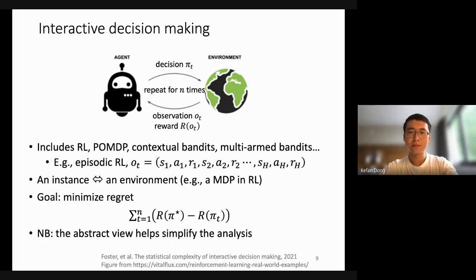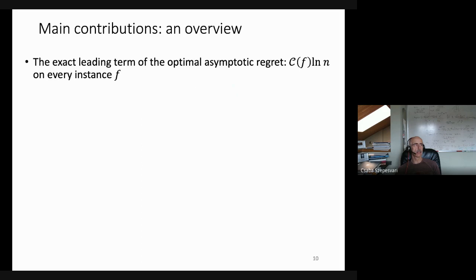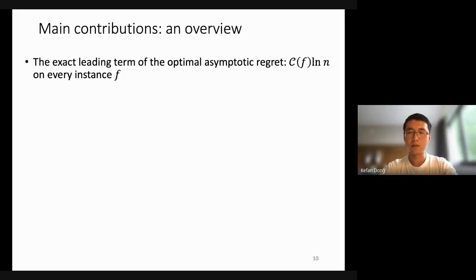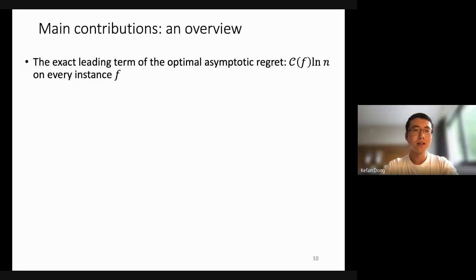And for tabular reinforcement learning, it's always true because the policy space is finite. And stochastic policies are fine too, since you can take the convex combination of policies. But going beyond that, you would have an infinite policy space. I see. Okay, good. Yes, thanks.